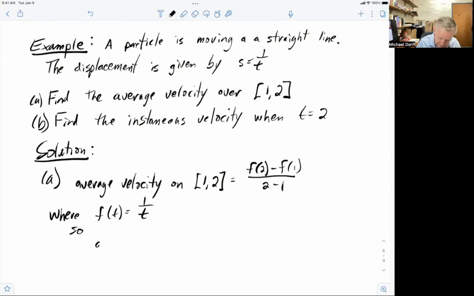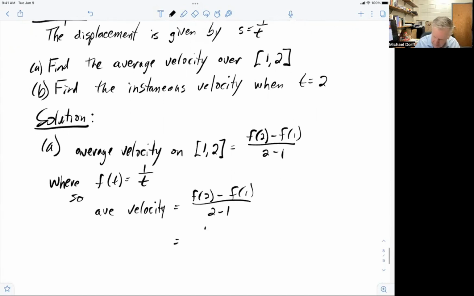That's going to equal 1/2 minus 1 over 2 minus 1. And if I simplify that, I'm going to get negative 1/2 over 1, or negative 1/2.